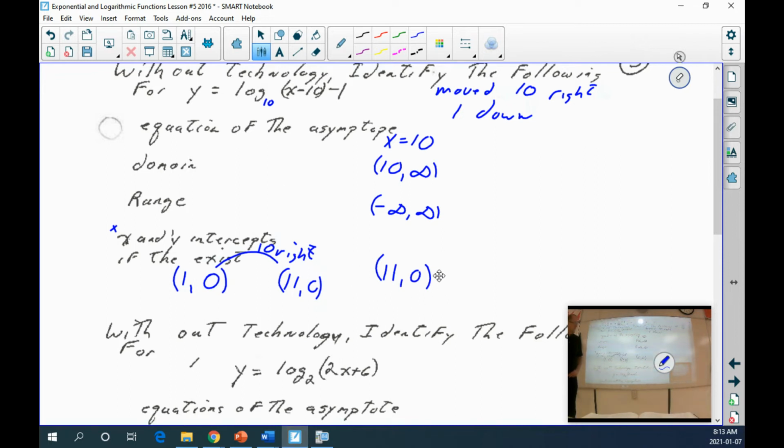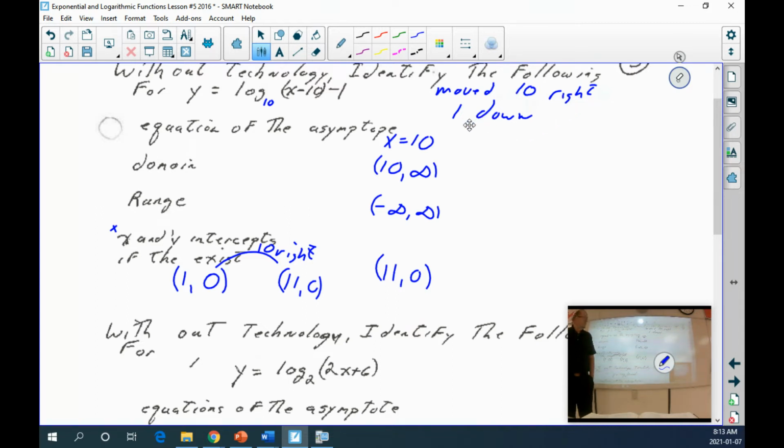So there's one way to determine the x-intercept. Actually, sorry, I did mess that up. If it was just a transformation to the right, I wouldn't have to worry about it.